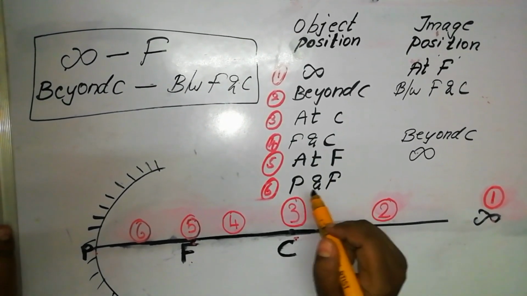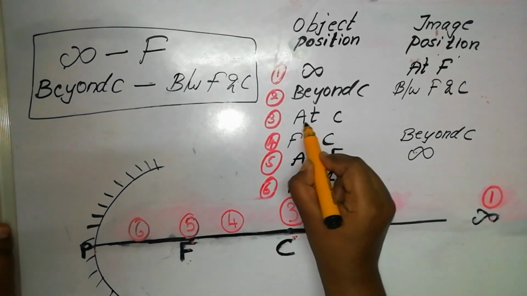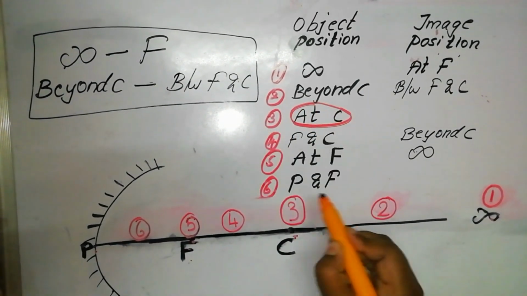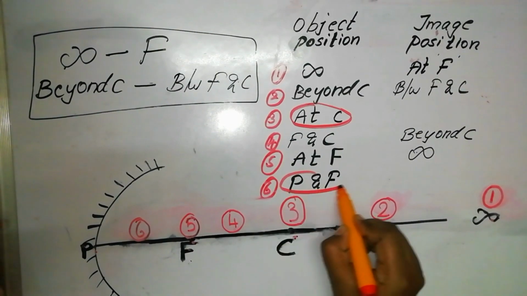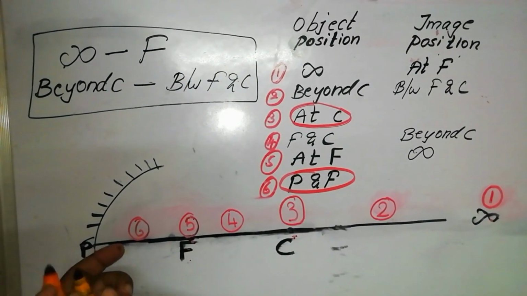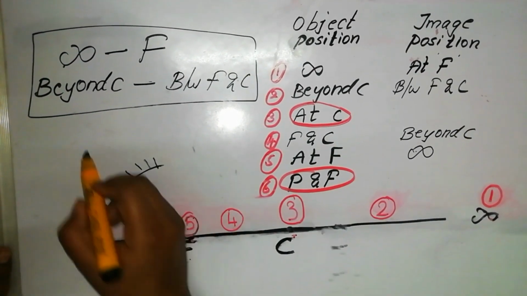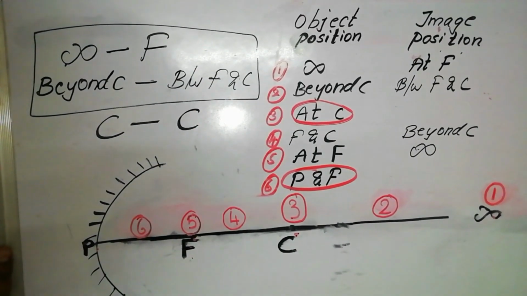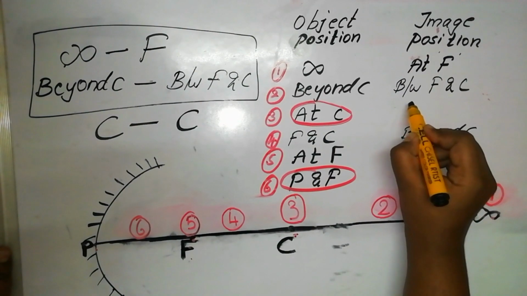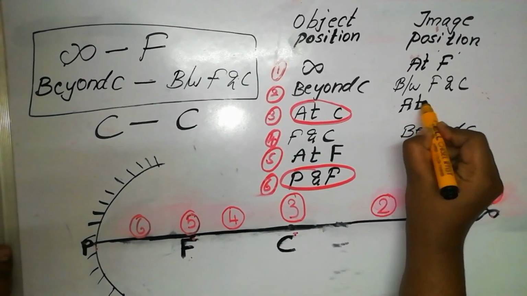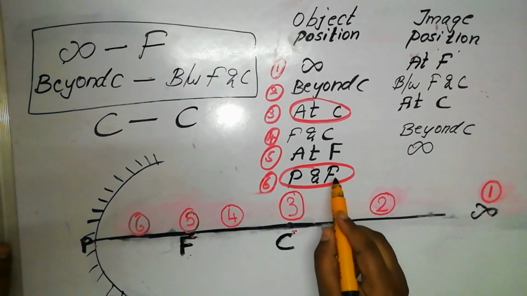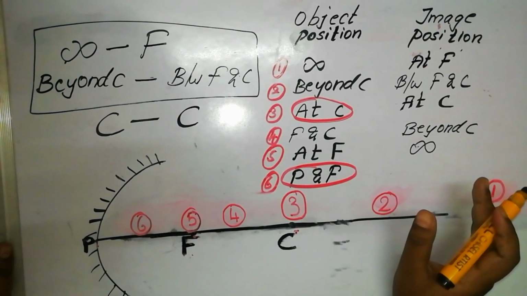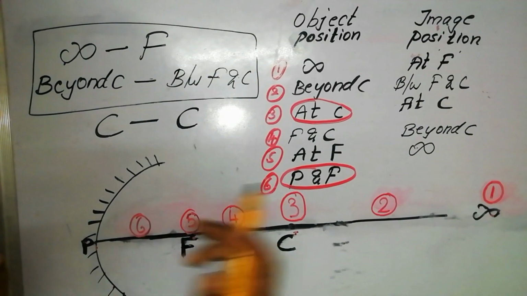Now, 2 cases are left here, at C and between P and F. Whenever the object is at center of curvature, the image will also be at center of curvature. At C, it will always be at C. And the last case, between pole and focus, we will get a virtual image that is formed behind the mirror.